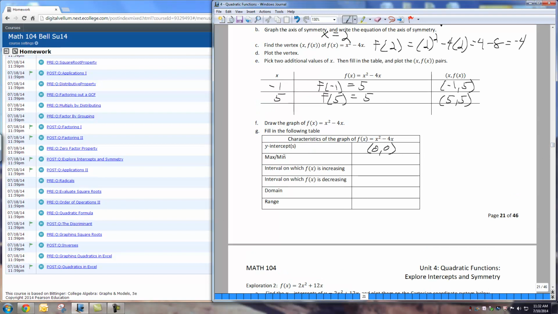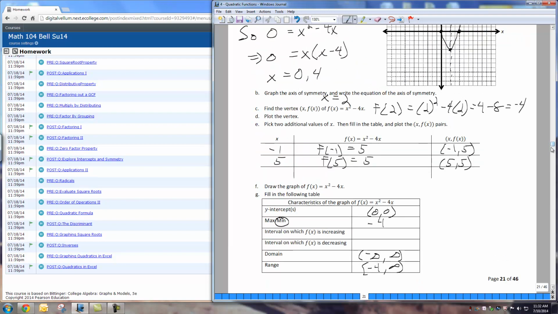It has a minimum. Remember, the vertex value is either a minimum or a maximum. It has a minimum at negative 4. Our domain is still all real numbers, but our range goes from negative 4 to infinity. Since we have a minimum at negative 4, the minimum of our range better be negative 4.